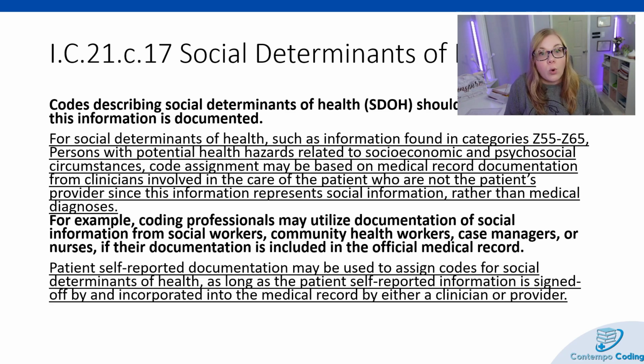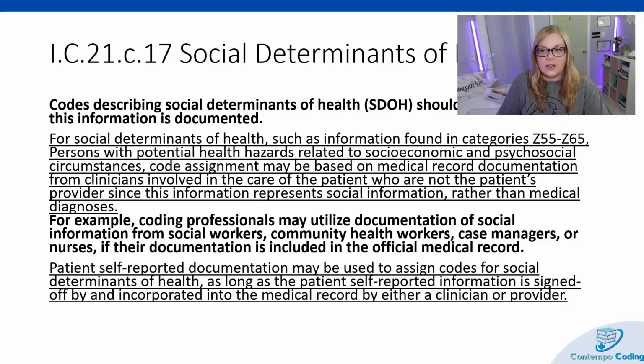Patient self-reported documentation may be used to assign codes for social determinants of health, as long as that patient self-reported information is signed off and incorporated in the medical record by a clinician or a provider. So say, for example, the patient says, hey, I'm in an abusive relationship with my boyfriend, and that's documented somewhere maybe on an intake form. The provider pulls that into the record, signs off on it. We can use that information.